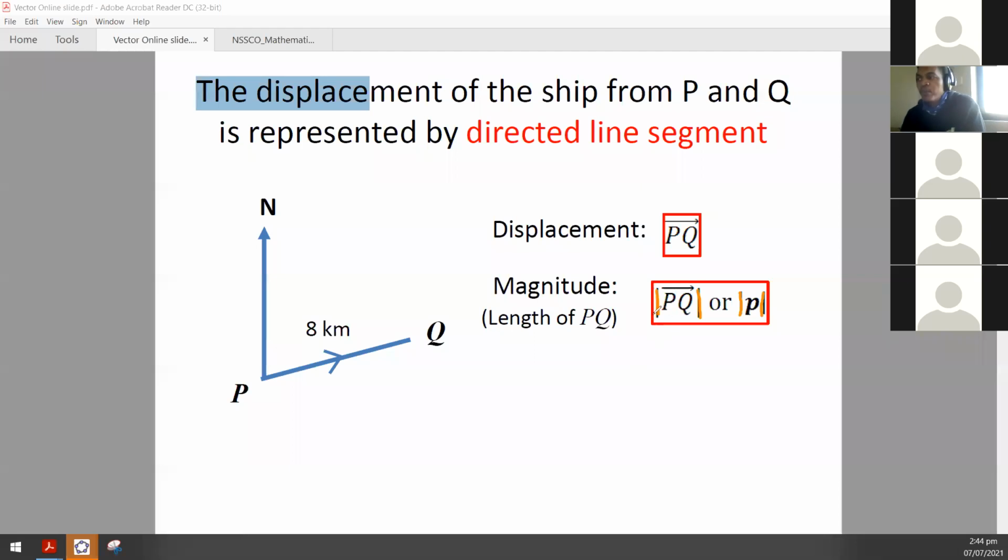Whenever you see these two lines here, we call this the absolute value. I spoke about the absolute value before. The absolute value basically tells us that whatever answer you get from calculating the magnitude must be a positive number.